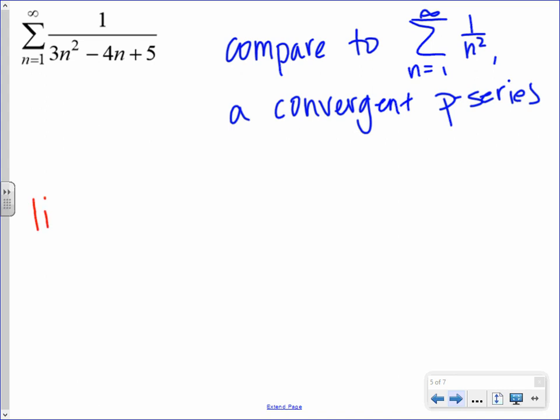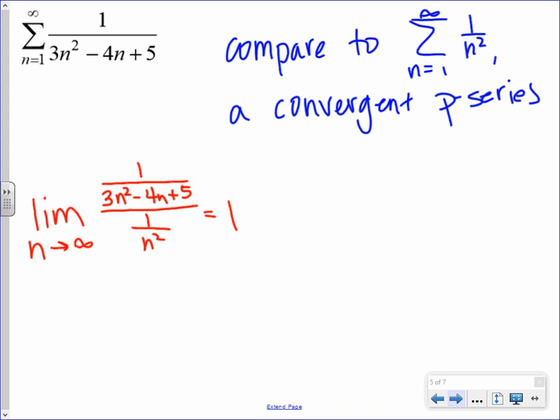We're going to take the limit as n approaches infinity of our original 1 over 3n squared minus 4n plus 5 divided by what we're comparing it to. So what we have is n squared over 3n squared minus 4n plus 5.